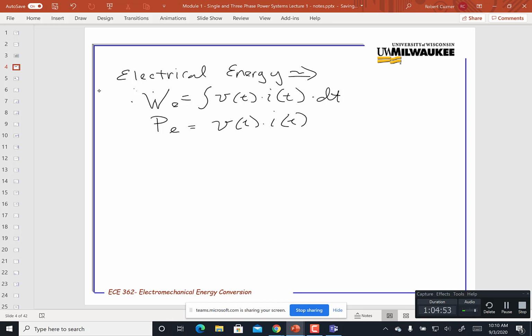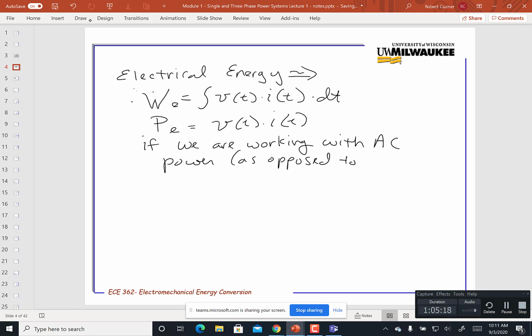Now this power here, if we are working with AC power as opposed to DC, we really need to think of it not in terms of P, but in terms of an S, which I'm going to call apparent power.